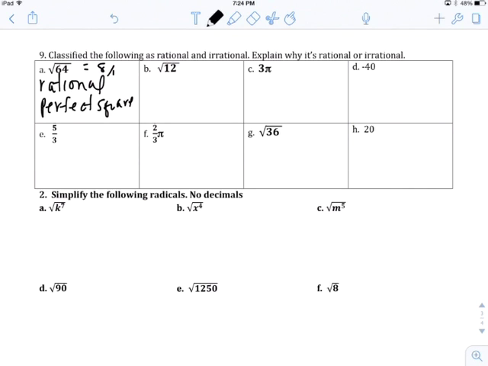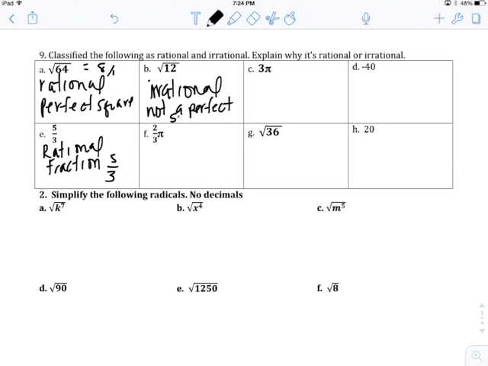This is rational, fraction, 5/3, irrational, not a perfect square, three times pi, because of pi it's irrational. -40/1, rational.